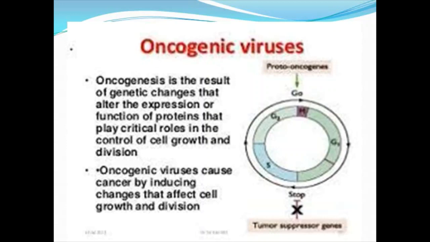So oncogenesis is the result of genetic changes that alter the expression or function of proteins that play critical roles in the control of cell growth and division. So oncogenic viruses cause cancer by inducing changes that affect cell growth and division.